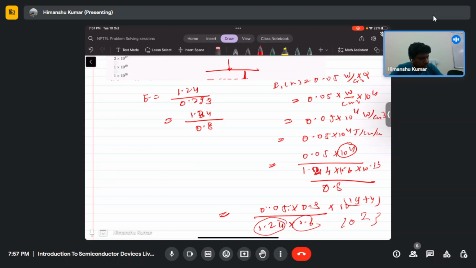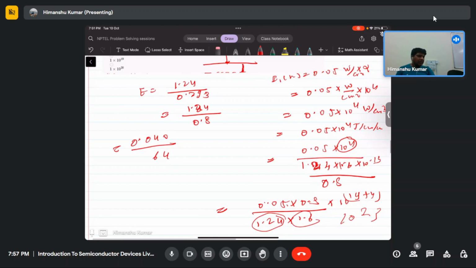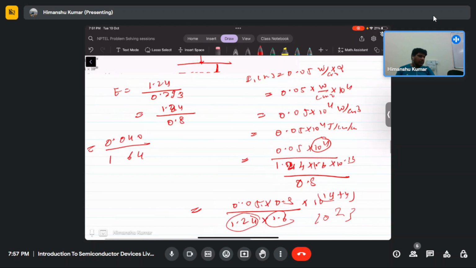So now the bottom is 1.6 multiplied by 1.2, that will come more than 1, and the top term, 0.04 and 6, it will become 1.8 something.